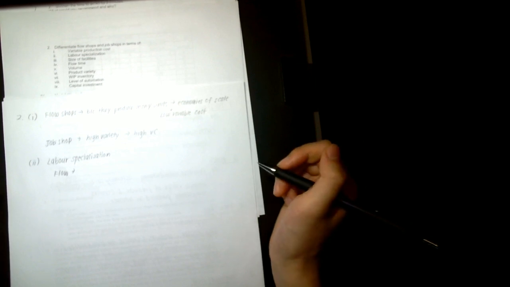Next, we have labor specialization. For flow shop, labor would be highly specialized because all the workers would just be engaging in the same activity, producing the same product over and over again every day. So high labor specialization.